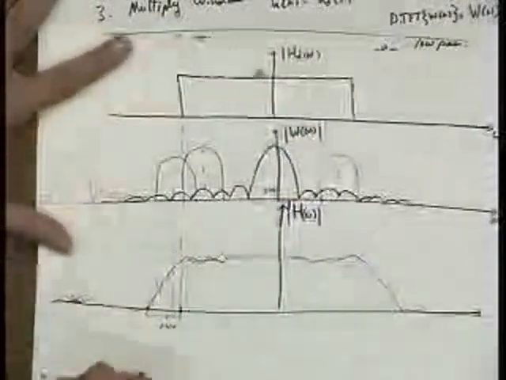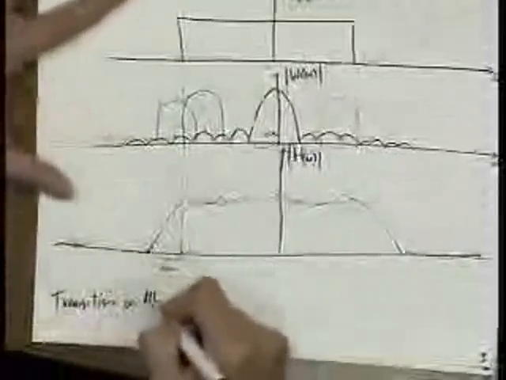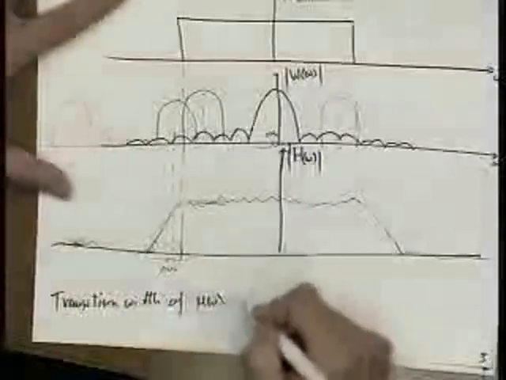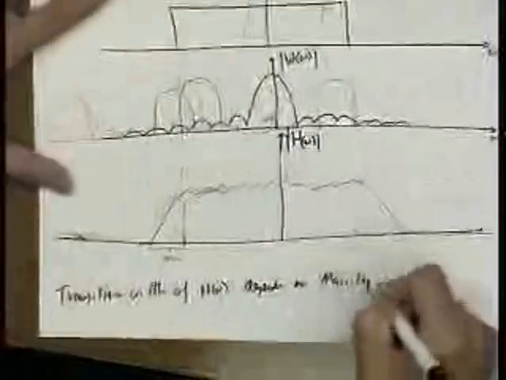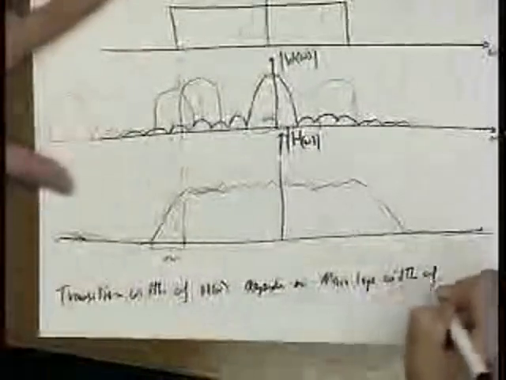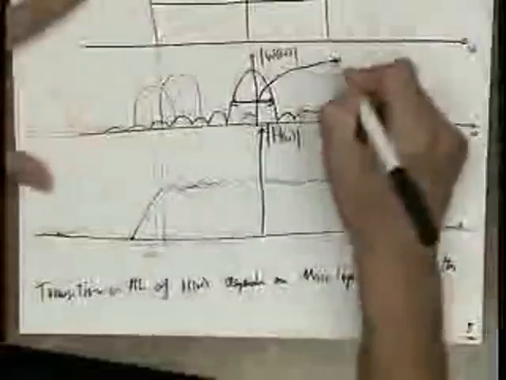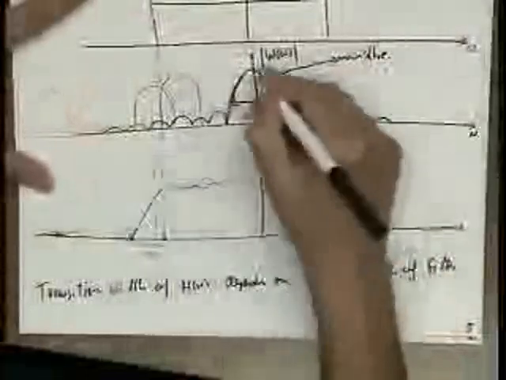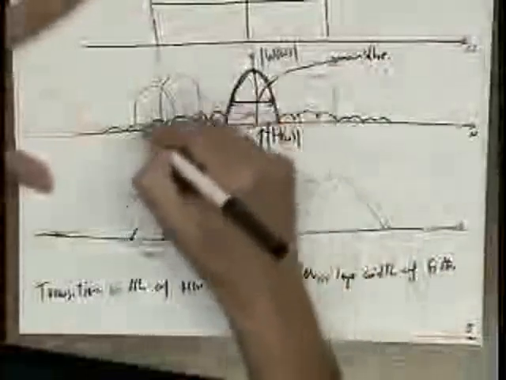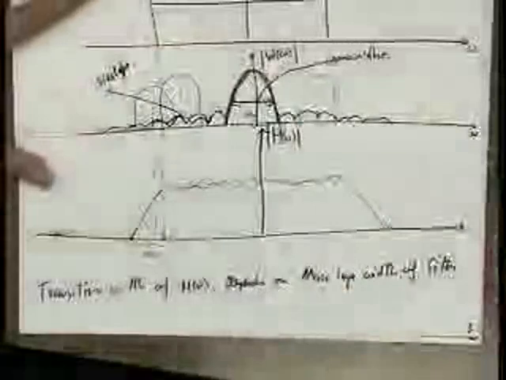So what I'm trying to say is that the transition width of the final filter H of omega depends on the main lobe width of the window. This is called the main lobe width. This has what's called the main lobe, and these guys are called the side lobes.